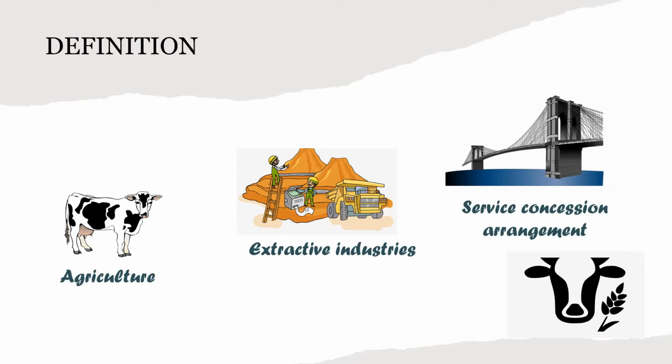And so the grantor controls or regulates what services the operator must provide using the assets, to whom and at what price, and also controls any significant residual interest in the assets at the end of the term of the arrangement.